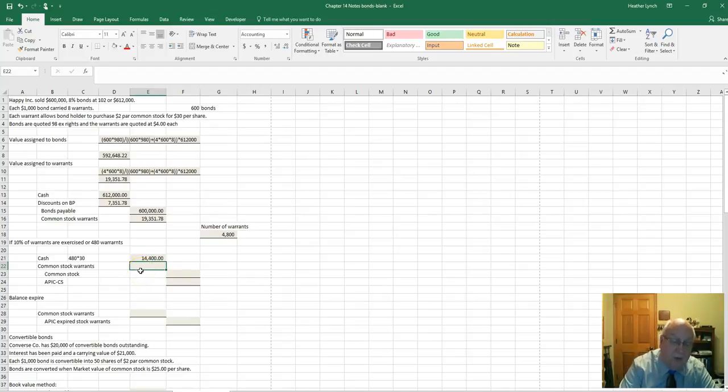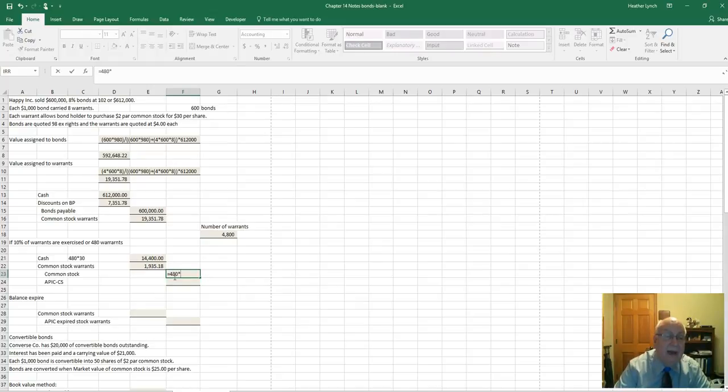The common stock warrants is equal to, let's do the round function so we don't have any problems later, that number times 10%, which is 1,935, that's the value of the warrants that we used. Common stock was 480.